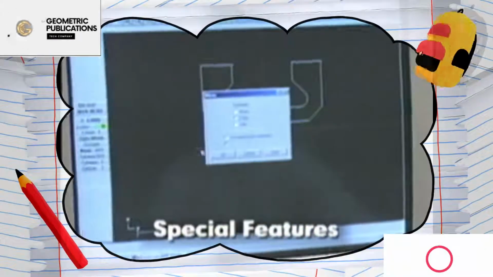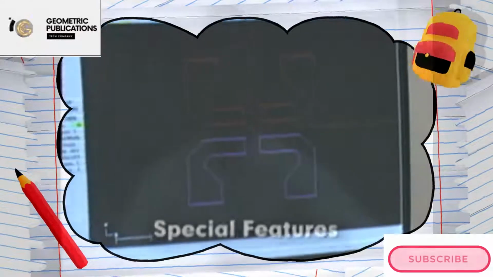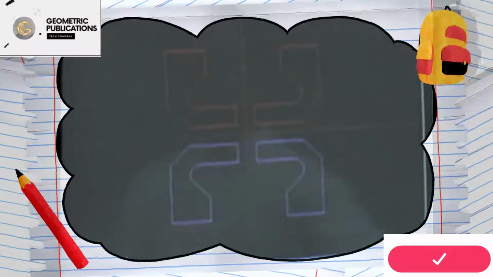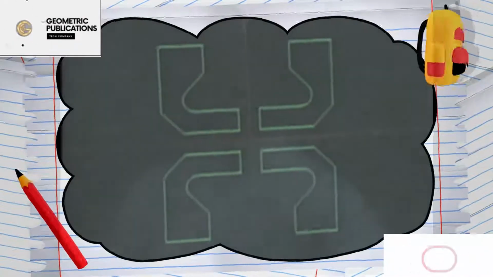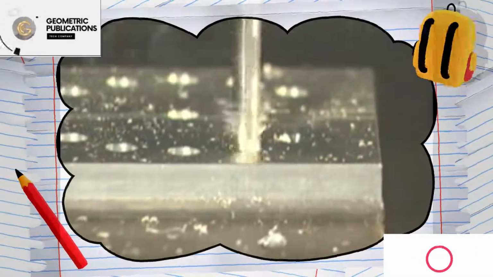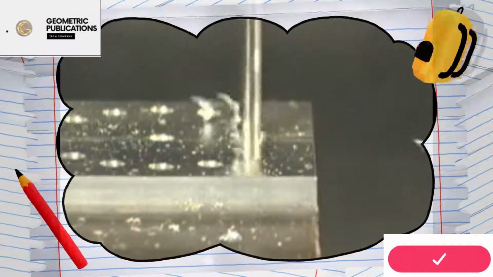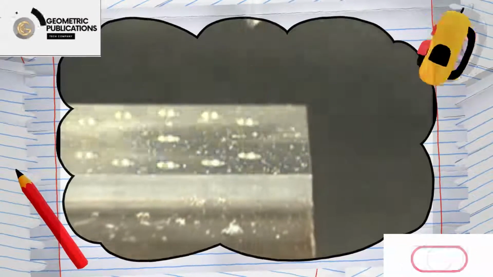Special features are designed to minimize computer numerical control programming errors by simplifying and shortening programs. A common type of special feature is the canned cycle. A canned cycle allows numerous instructions to be programmed, saved, and then input into a part program using only a single command.